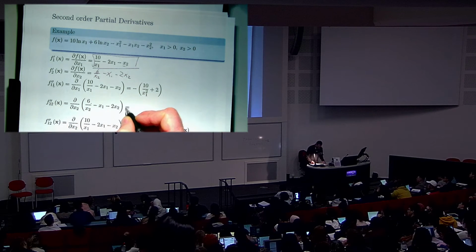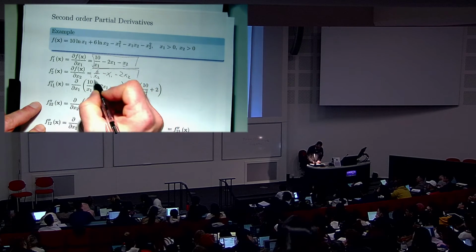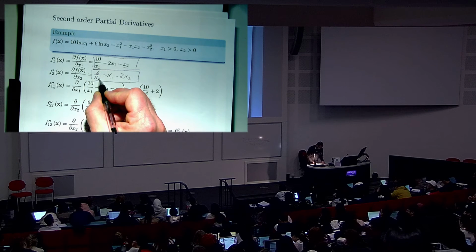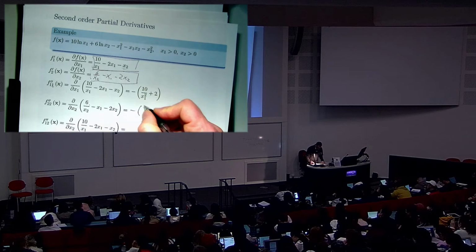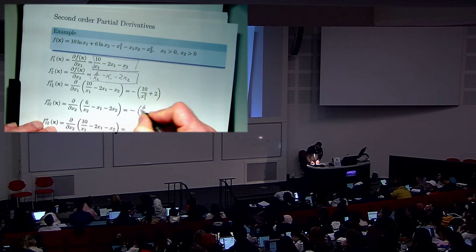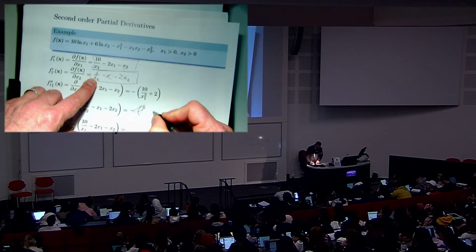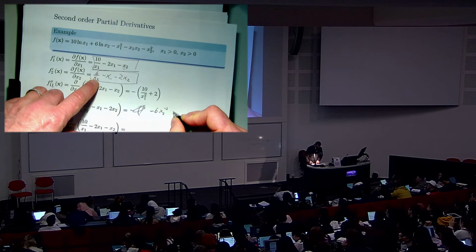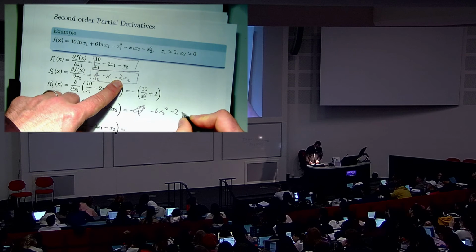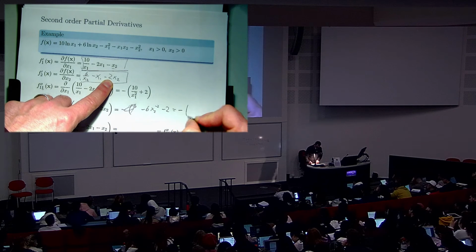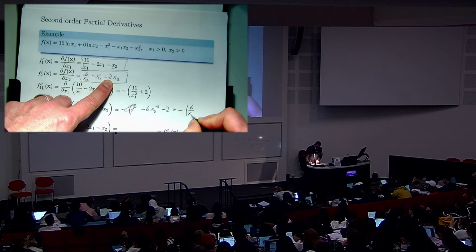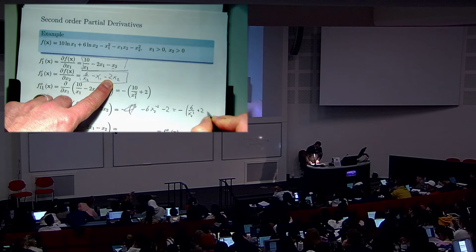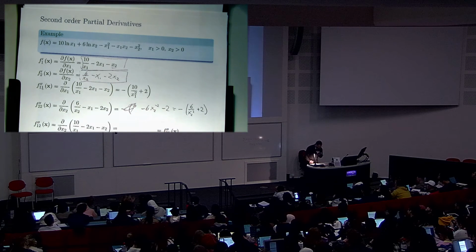What about this? So we are taking this result here, and we are finding the second order partial derivative with respect to x2. And here we get, let me do it in 2 steps. So we get negative 6 times x2 to the negative 2 and negative 2. Okay, and then we can take the negative out, negative 6 over x2 squared minus 2. Okay?